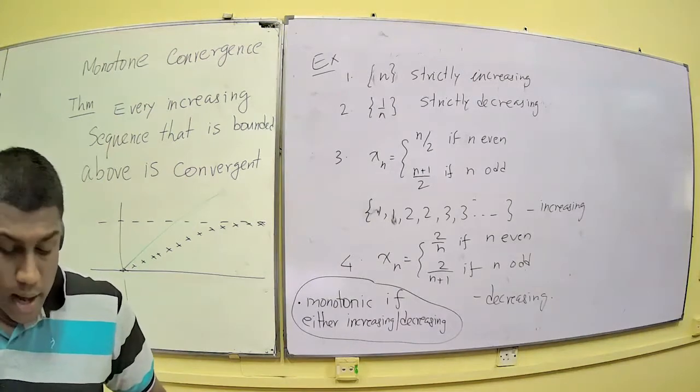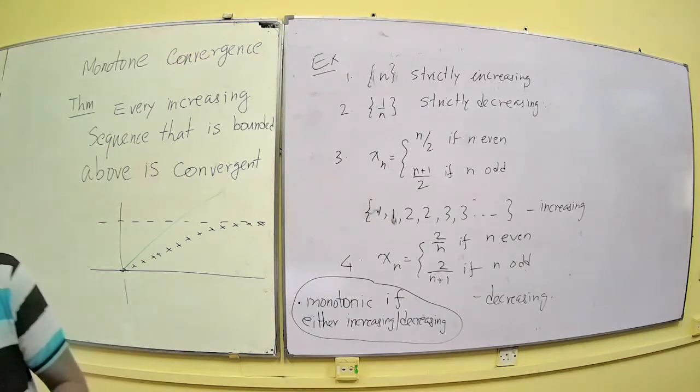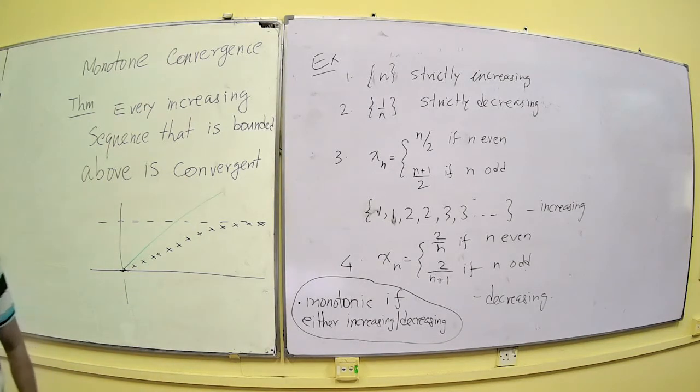Similarly, the other way around is also true: a decreasing sequence that is bounded below is also convergent, right? We will try to prove this. It is not a big proof, but we will use some results which we already studied earlier, something like the completeness property.